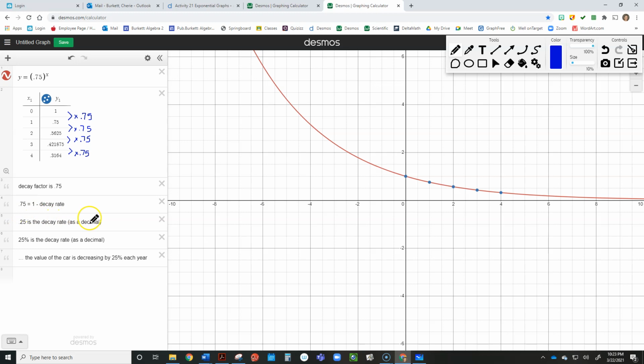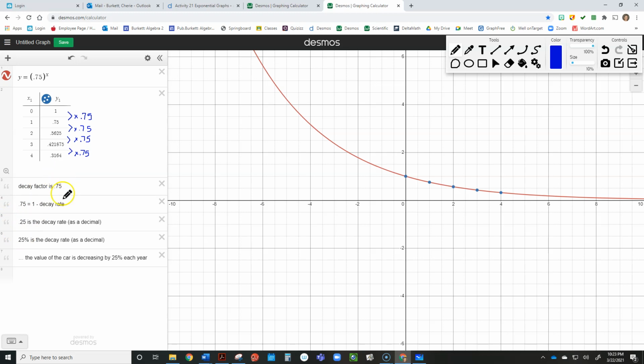That is the decay rate written as a decimal, though, and decay rates are normally reported as a percentage. So you move that decimal 2 places over, and you would say that a decay factor of 0.75 would have a decay rate of 25%. And yes, those two should always go together. 0.25 and 0.75 should equal 1.